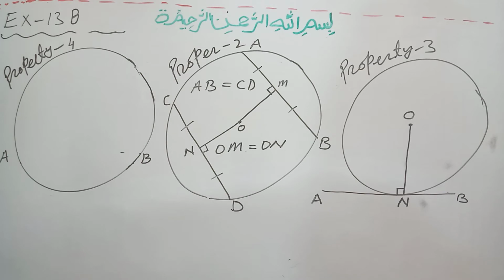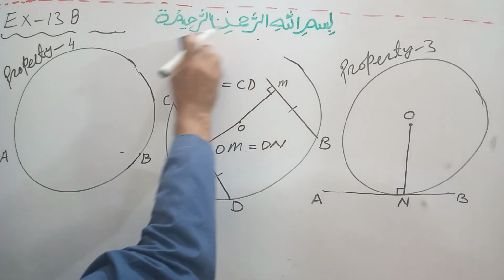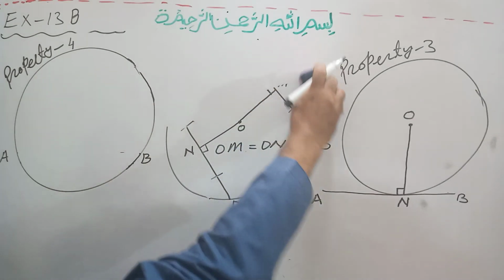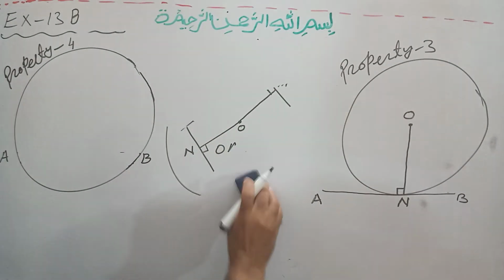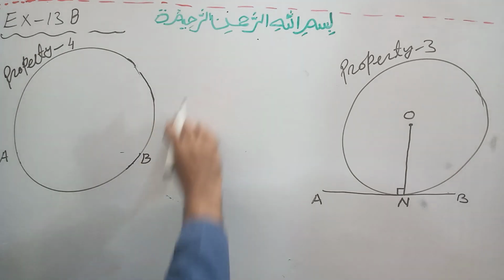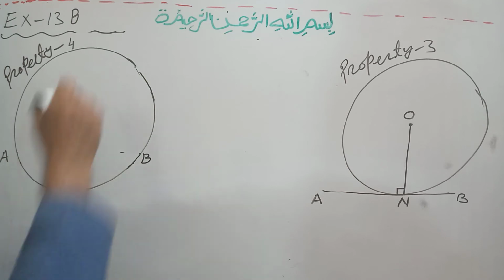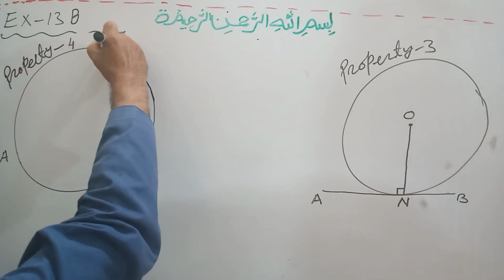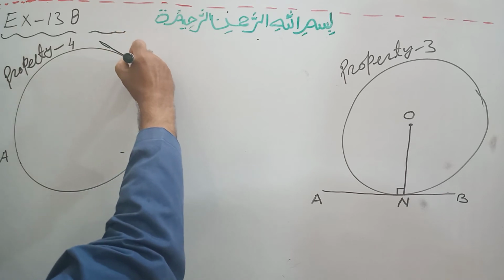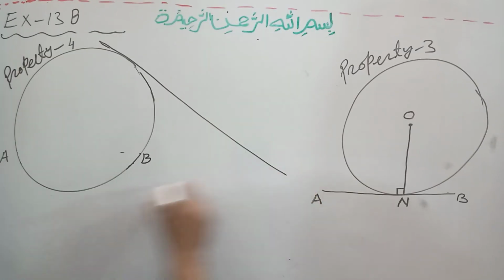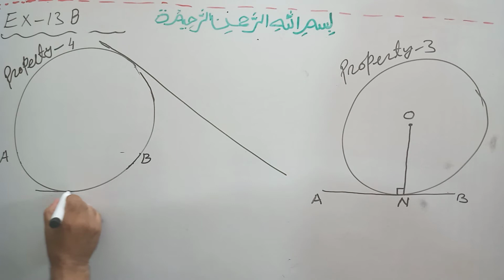Let's suppose there are two tangents from any external point. I am going to draw the figure of that. Let's suppose this is a tangent and this is another tangent.